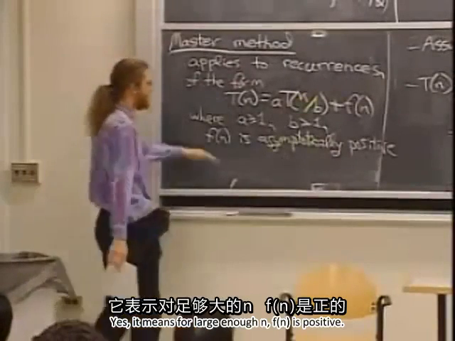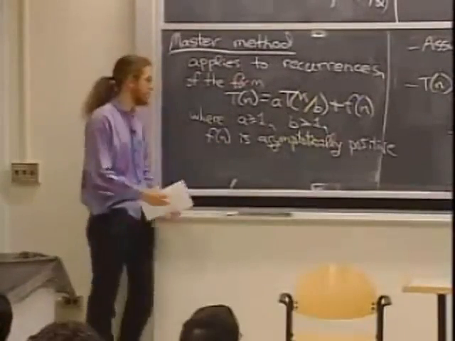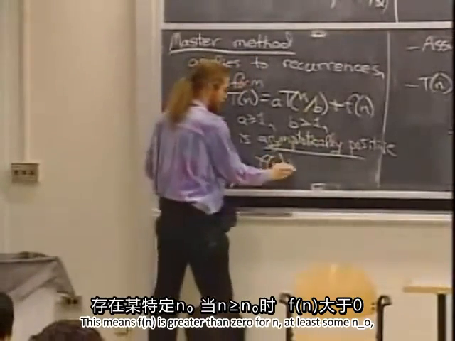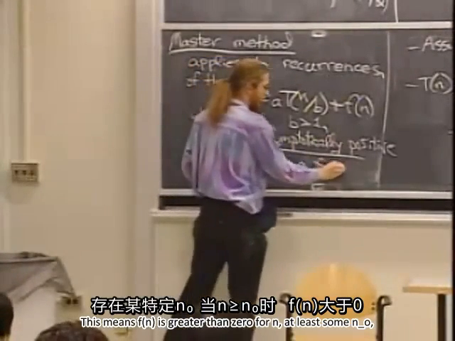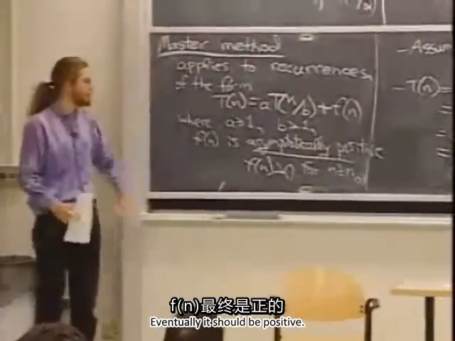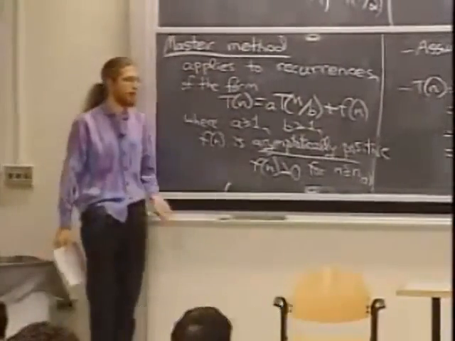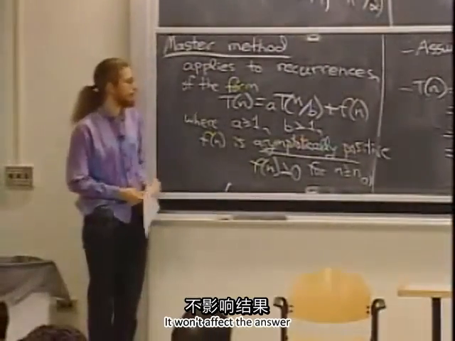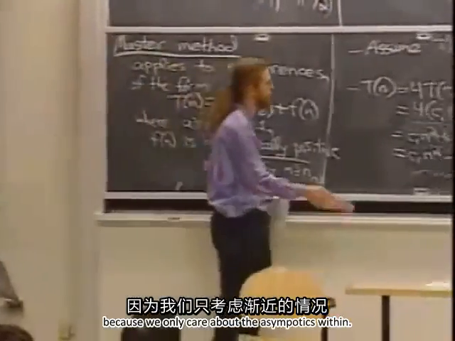Yes, it means for large enough n, f of n is positive. This means f of n is greater than 0 for n at least some n naught, for some constant n naught. So eventually it should be positive. I mean, we don't care about whether it's -1 for n equals 1. Not a big deal. It won't affect the answer because we only care about the asymptotics in n.